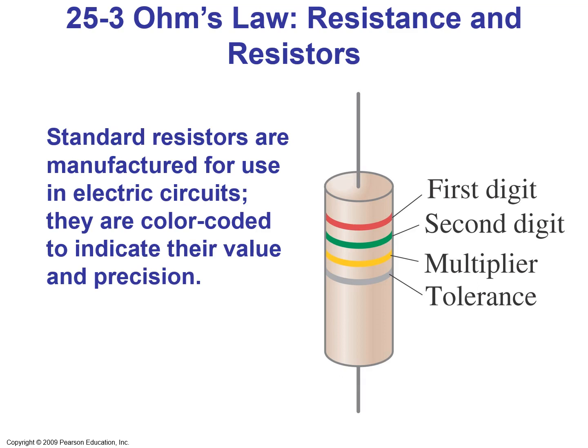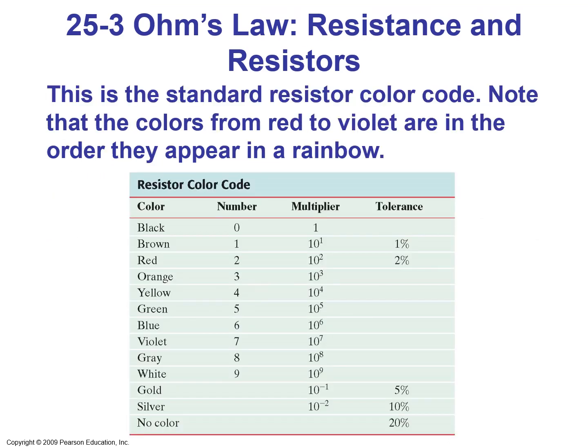The second reads the second digit, which is green. The yellow one is a multiplier, and the gray one is the tolerance. This is the standard resistor color code. Note that the colors from red to violet are in the order they appear in a rainbow.